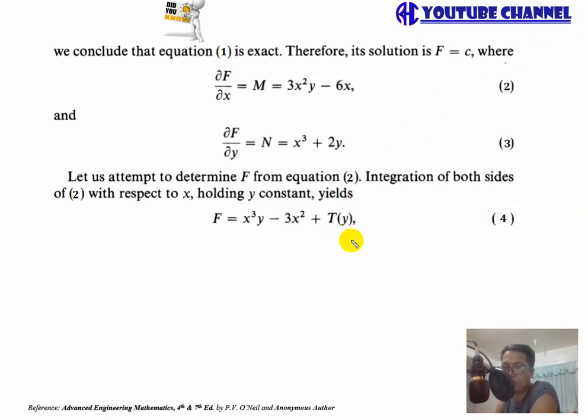Okay. Then, of course, wag natin kalimutan yung constant. Yung mga previous examples natin, gumagamit tayo ng c. So, sa exact differential equation, pwede tayo gumamit ng t. Okay. Actually, kahit anong variables, kayo nang bahala. Pero for this example, gumamit tayo ng variable t.